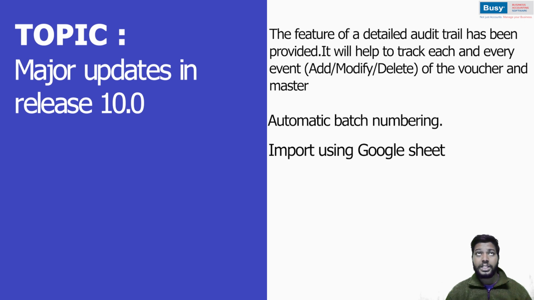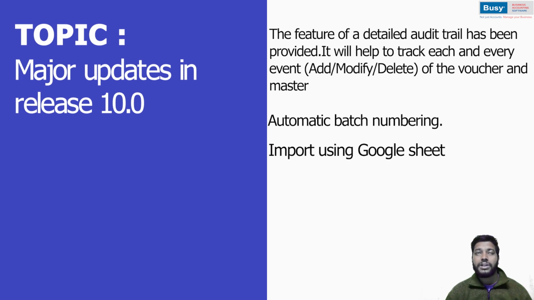There are three things included in the major changes, and a fourth, which is about the Busy mobile app, that I will not discuss in this video because there are so many changes that it can take too much time. So we will just cover three parts: first, the batch feature; second, import Excel from Google using Google Sheets; and third, which is most important, after the MCA guidelines, the mandatory audit trail.